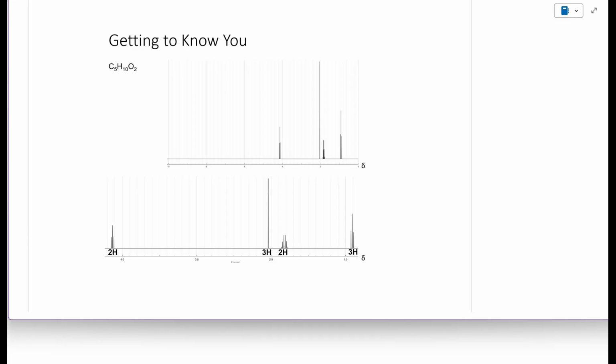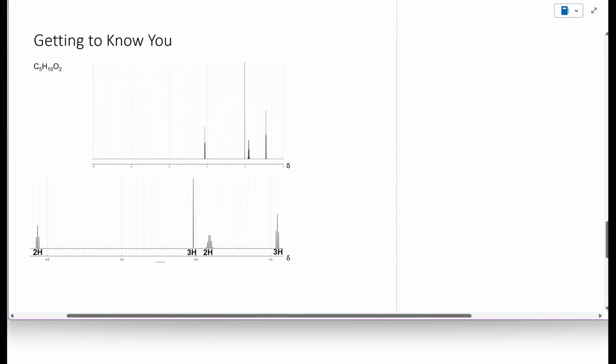But why are there more than one signal in this NMR if we're just looking at hydrogen? What we're looking at right now is a proton NMR, hydrogen NMR. And the reason is the amount of energy needed to flip the spin is a function of what we call shielding.